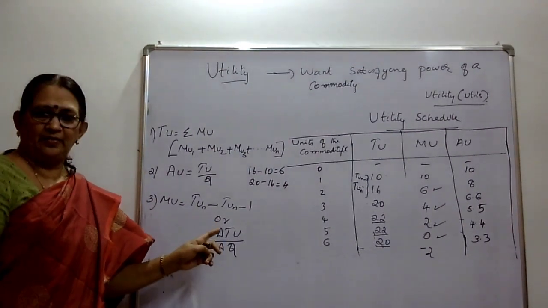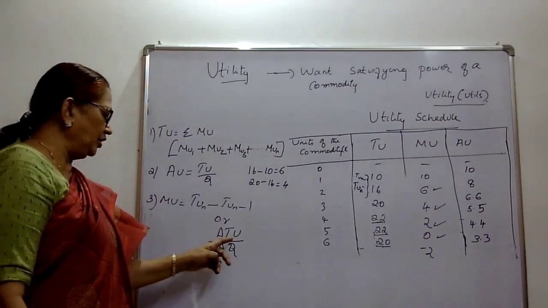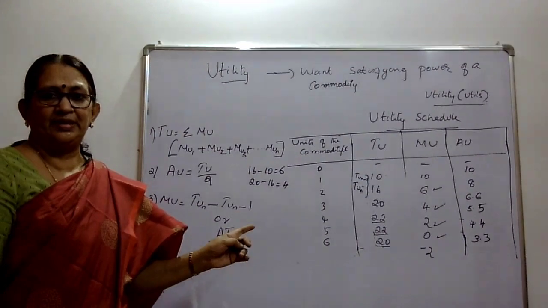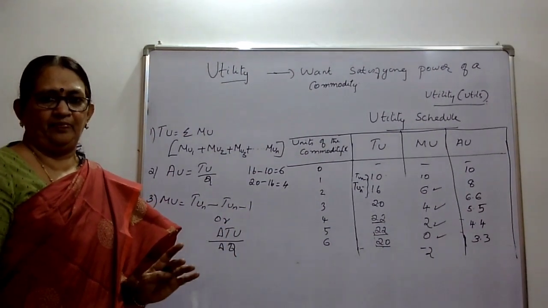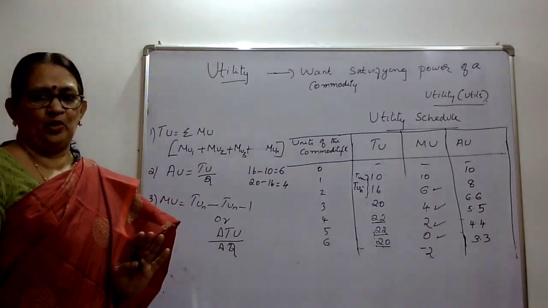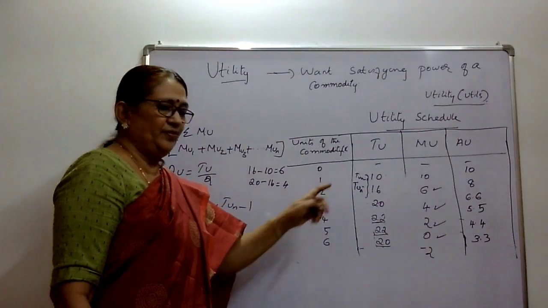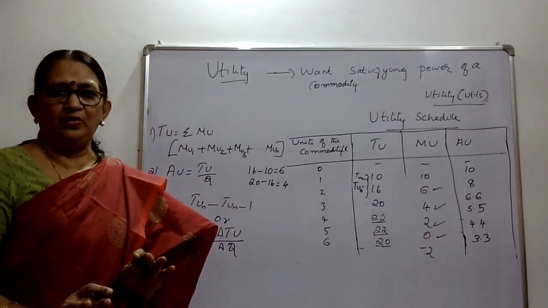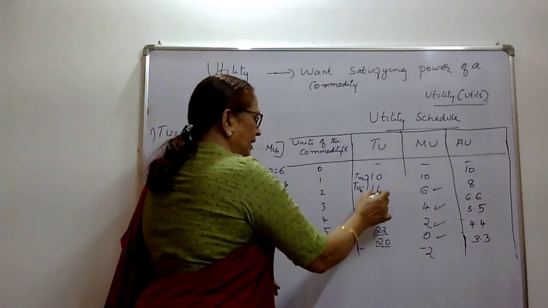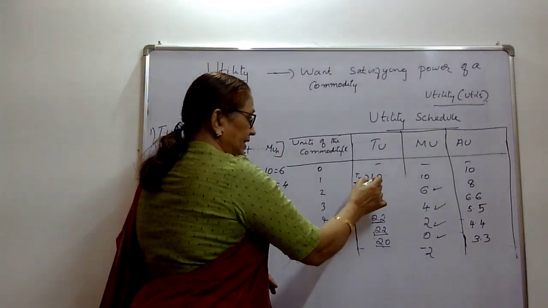Or there is another way of calculating marginal utility. How is it? Delta TU by delta Q. What is delta TU? Delta TU means change in total utility. What is delta Q? Change in the quantity consumed. So if we are calculating MU through this method, what is delta TU here?